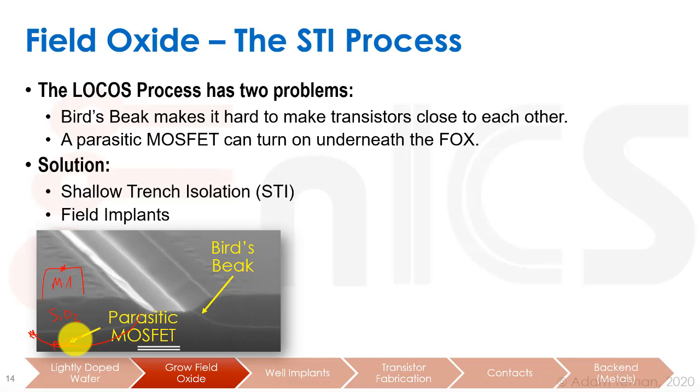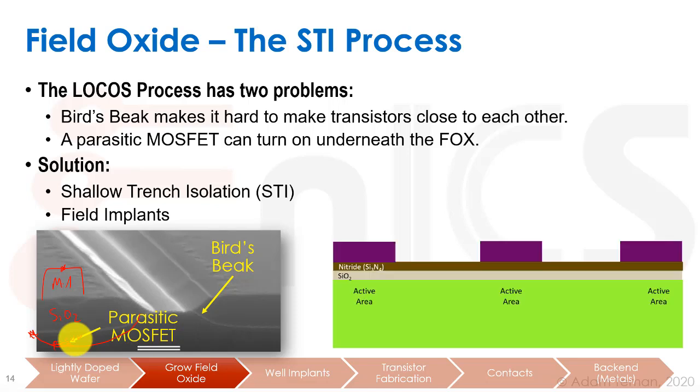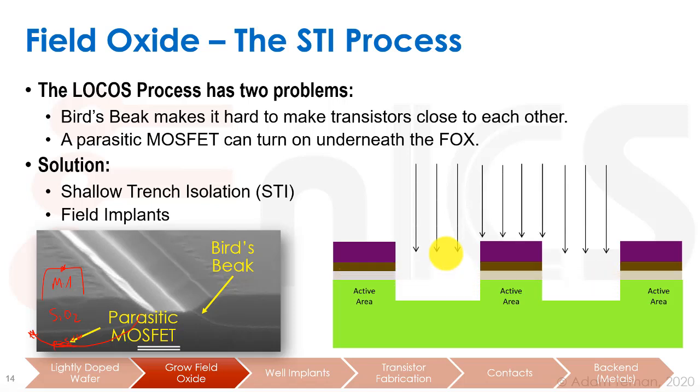The way we're going to do it is with field implants and the STI, the shallow trench isolation process. Okay, so we start as before. We have our active areas over here. They're covered with nitride and the photoresist over here. Now what we're going to do is etch away the nitride.